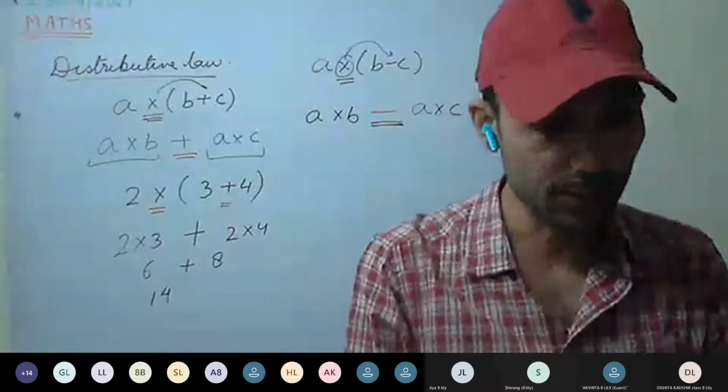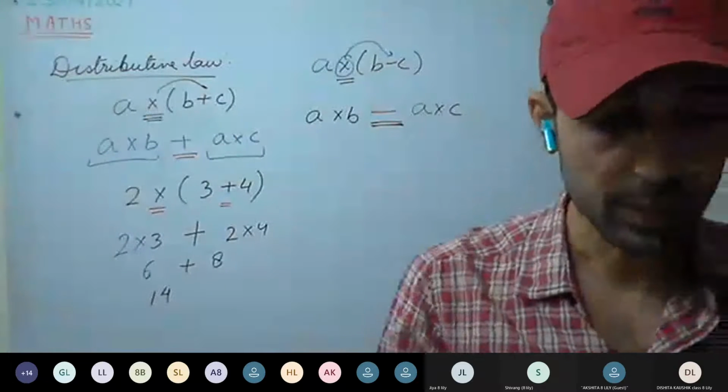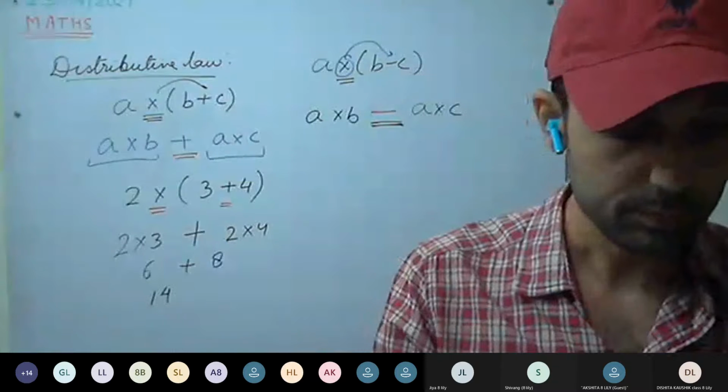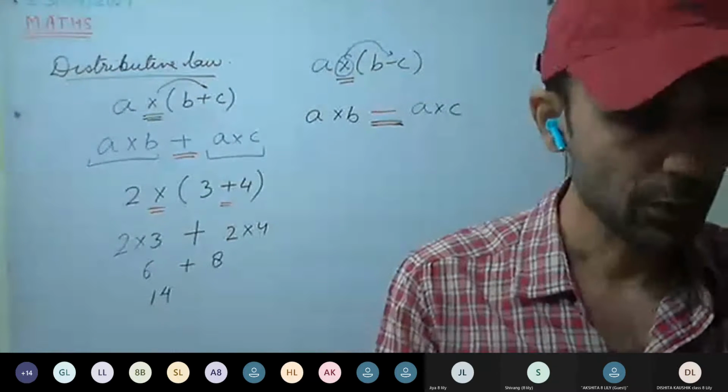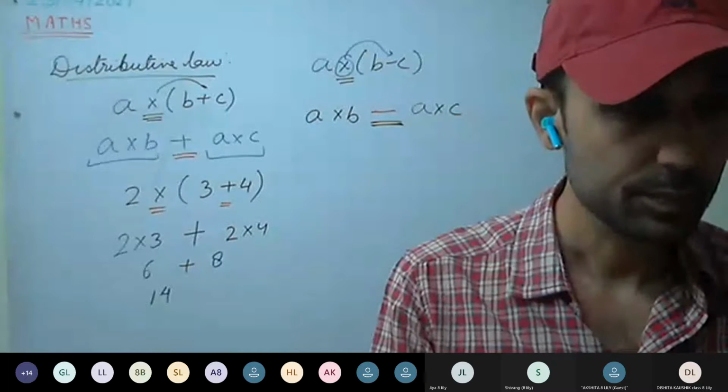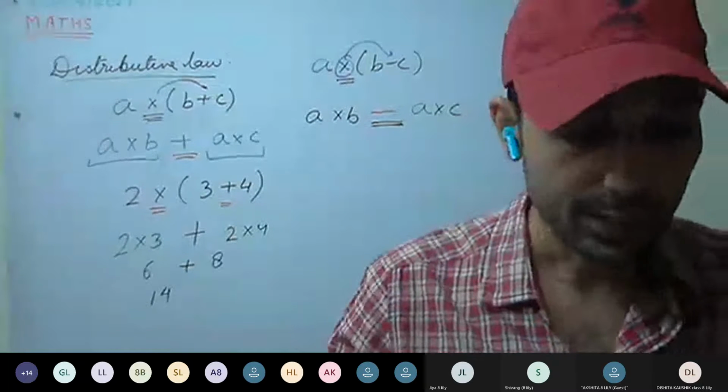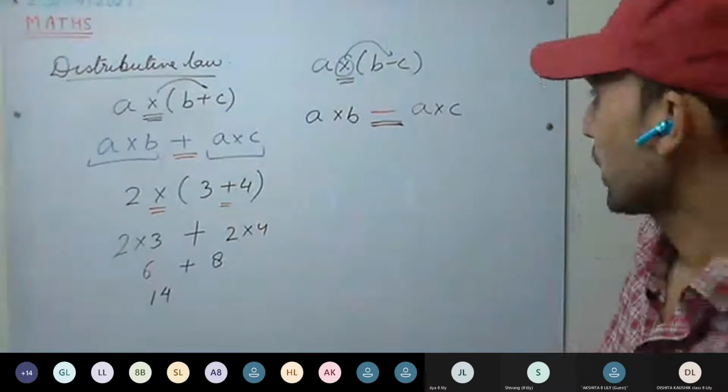Okay, so one line you can write in your book on page number N17. Distributive properties is written there. Above that, write one line. That will give you more idea.